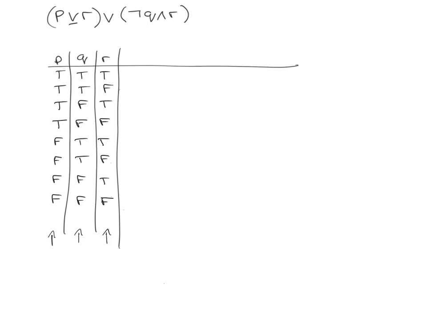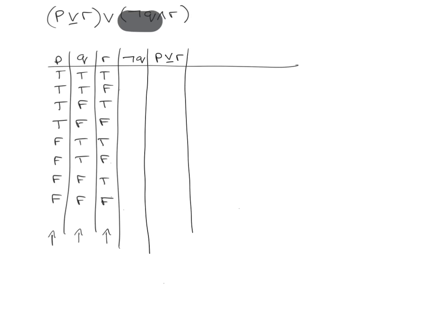The next thing I do is I look at my compound statement and say, are there any negations? And in this case, there is one, because we've got not Q. So I'm going to put a column in for not Q. Then I look at the brackets. So there's a bracket which is P exclusive or R, and a bracket which is not Q and R, and then finally the final statement.